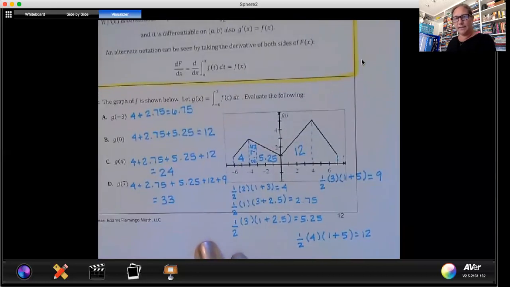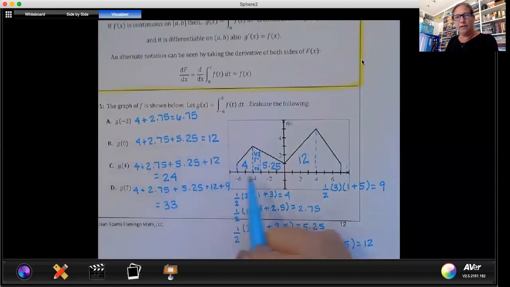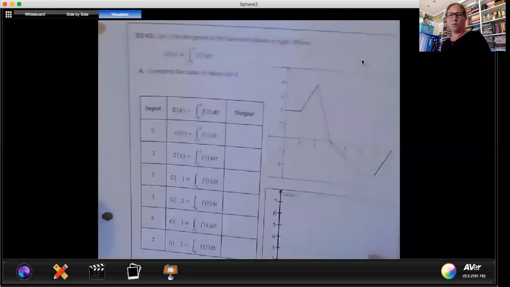But notice, like I said, g of 0 is just g of -3 plus this next piece, and g of 4 is -6 to 0 plus this next piece, and g of 7 is -6 to 4 plus this next piece. So that's where your accumulation comes in. You're adding from what you found prior.